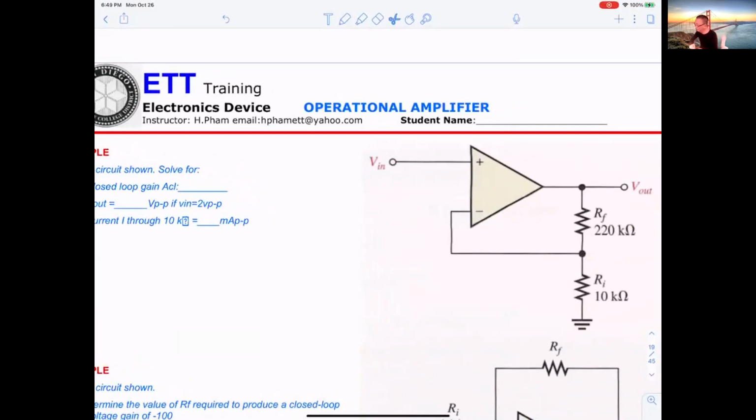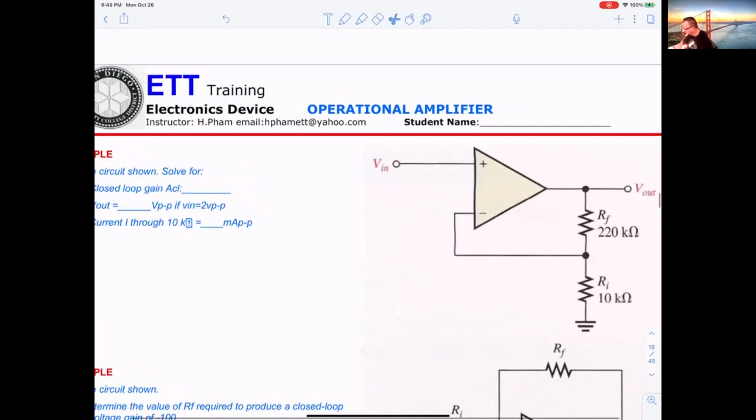So you're looking at this circuitry here. You can see non-inverting. V in is 2 volt peak to peak. So what does ACL equal? 23.